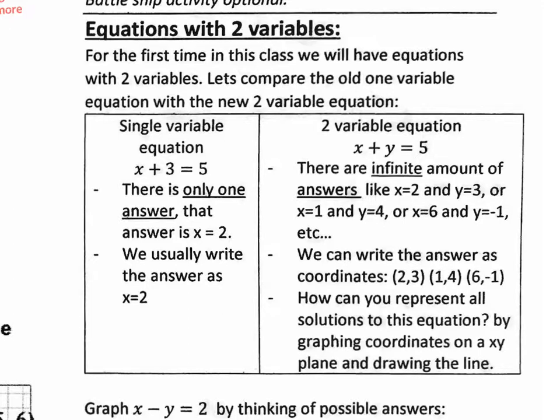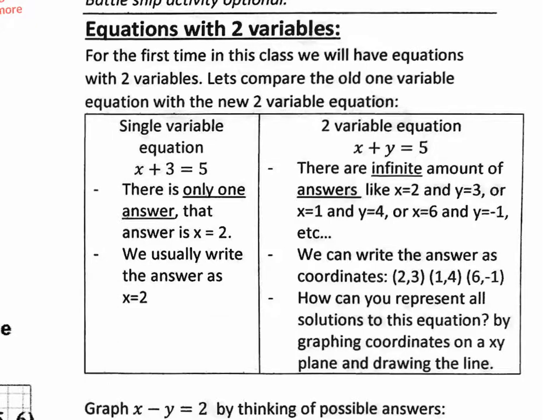Now, when we have a 2 variable equation, like x plus y equals 5, then you really have an infinite amount of answers. It could be 2 plus 3 equals 5, or it could be 1 plus 4 equals 5, or it could be like 5 plus 0 equals 5.